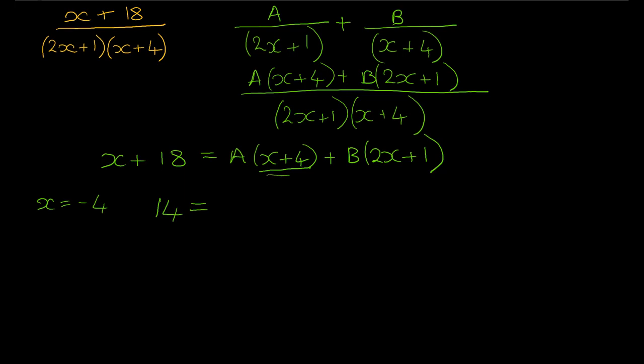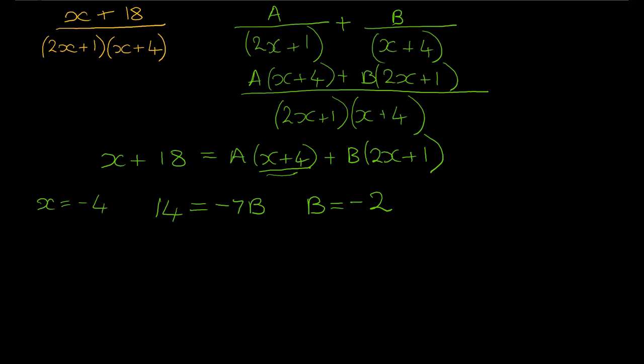This bracket here is going to disappear. So we're just left with this one over here. So 2 times minus 4 is minus 8, plus 1 is minus 7. So we've got minus 7b. So that leads us to b being minus 2.